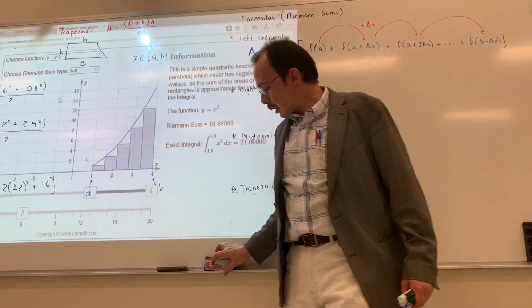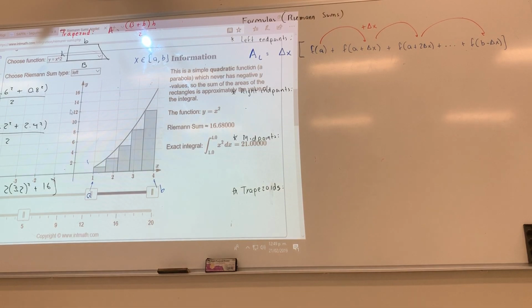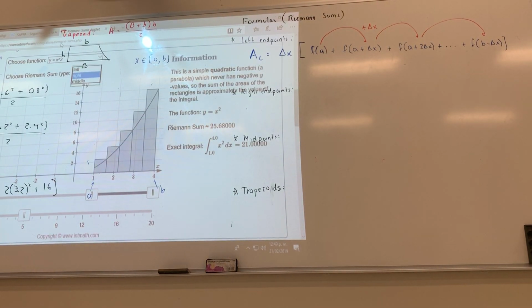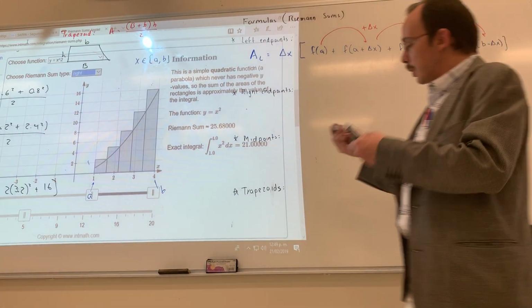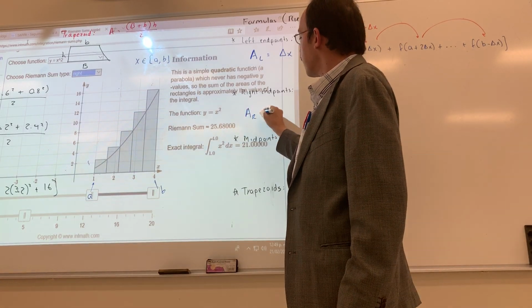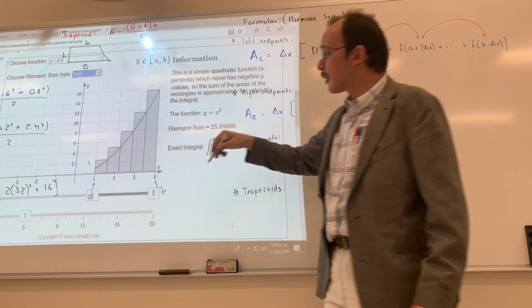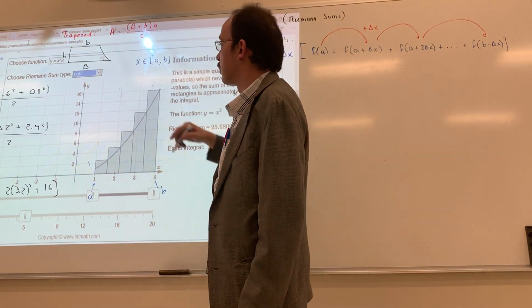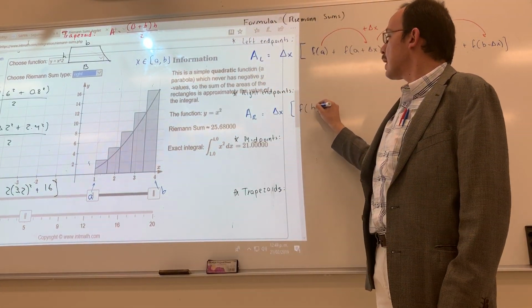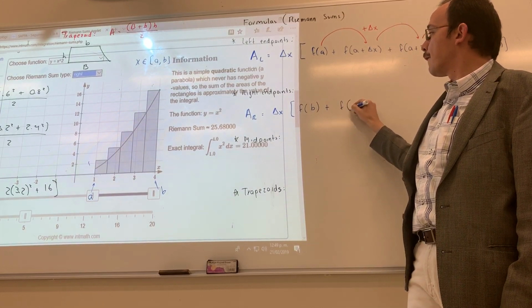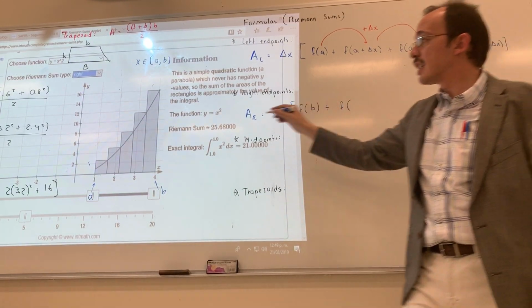Okay? Fine. Right endpoints. For the right endpoints, observe what happens. Now it's delta x again, the base, but this time where do I start? It's better to start with the last one. So it's f of b now, plus f of what? What is the next one?